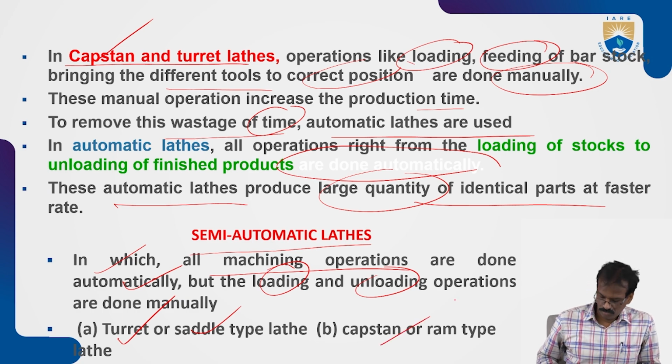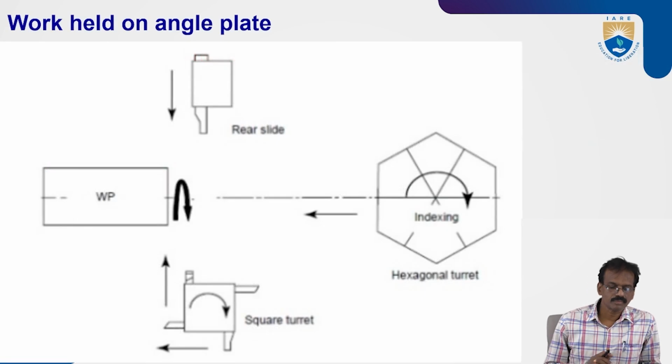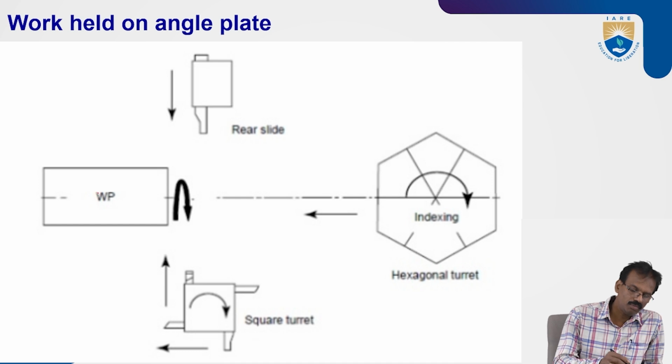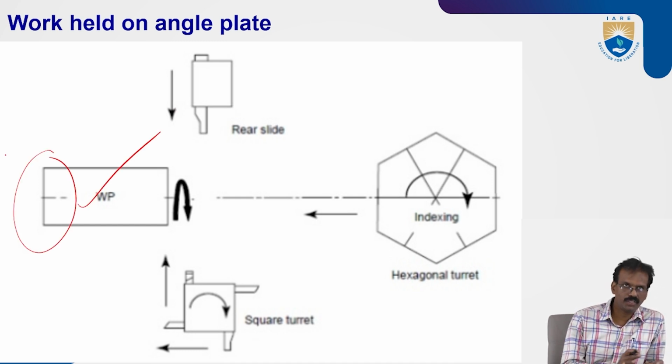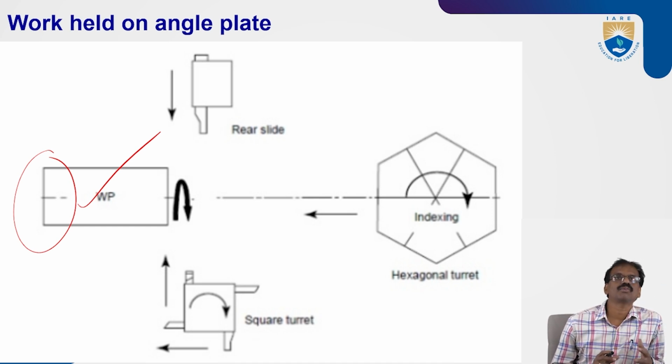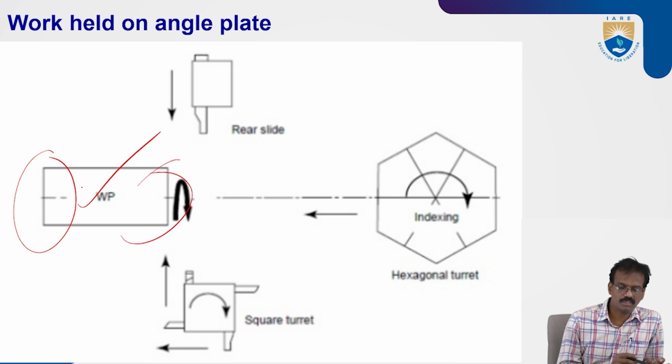Okay, so you can see this is the semi-automatic lathe, that means the capstan turret lathe. Here we know that this is the workpiece, which is attached to the spindle of the headstock. With the help of this spindle, we can rotate the workpiece.